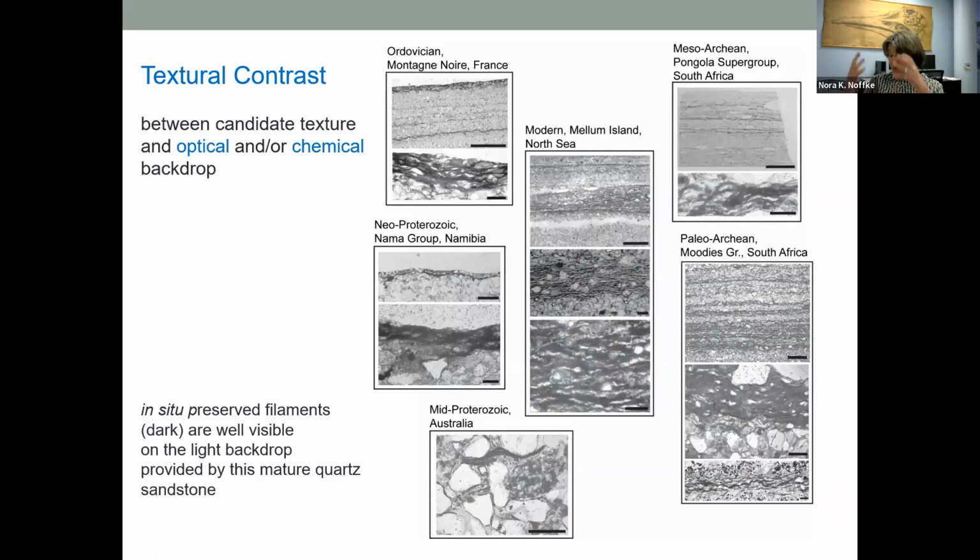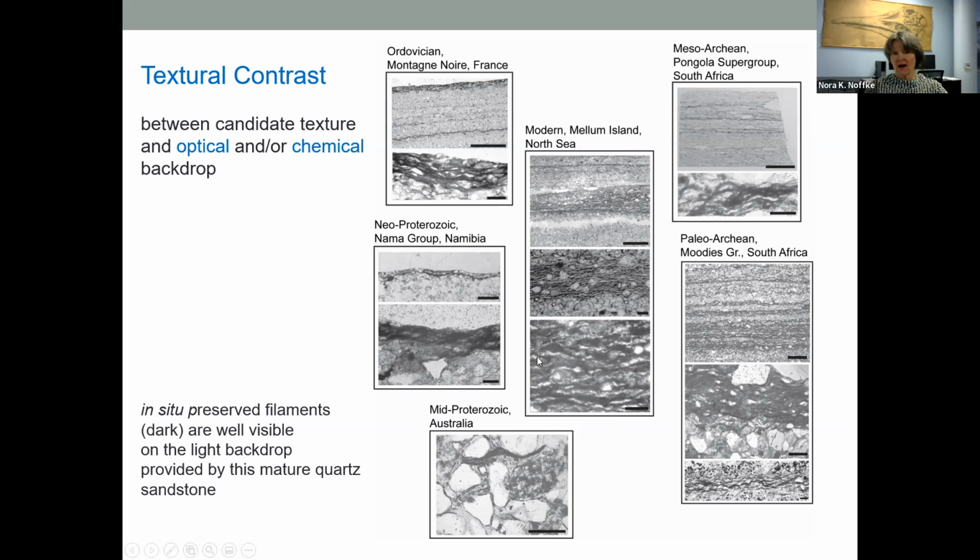And of course, if we take samples, we need to look for rocks that are very simple with respect to composition. If the background of our host deposits is already optically and chemically producing a lot of noise, we will have a hard time identifying textures possibly made by life that are nicely visible, both with respect to optics as well as with respect to any chemical analysis that we do.